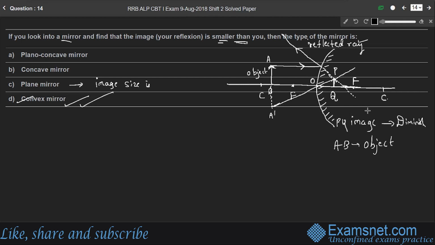The mirrors we use in our daily life are plane mirrors. In the case of a concave mirror, we always get an enlarged and erect image. That's why it is used as a shaving mirror or by doctors to examine the eye, nose, or ears. Therefore, for the given question, option D is the right answer.